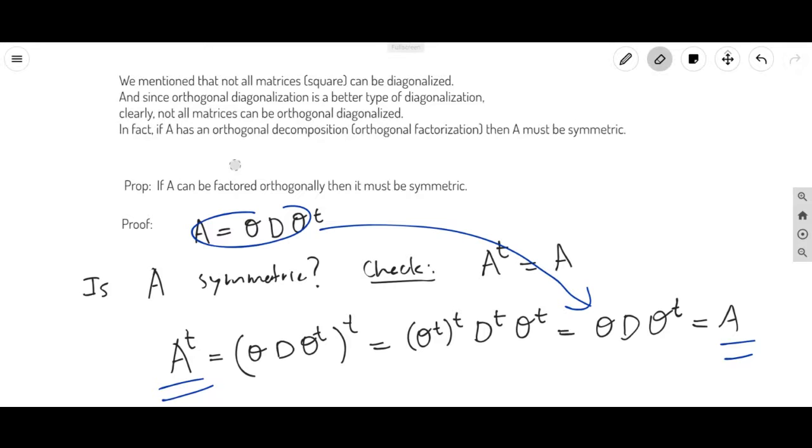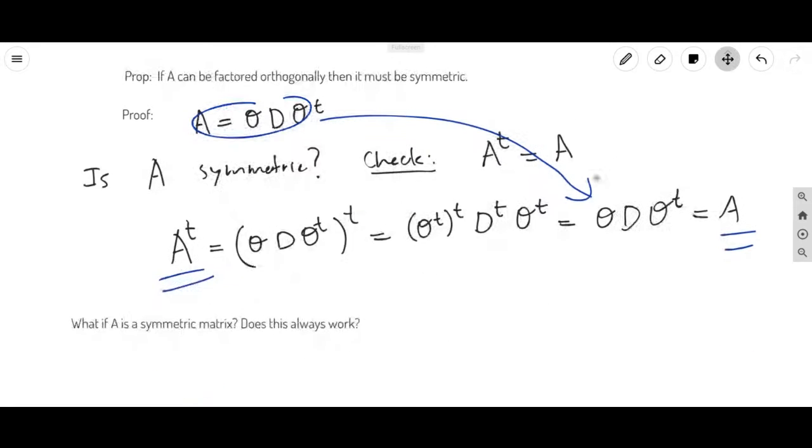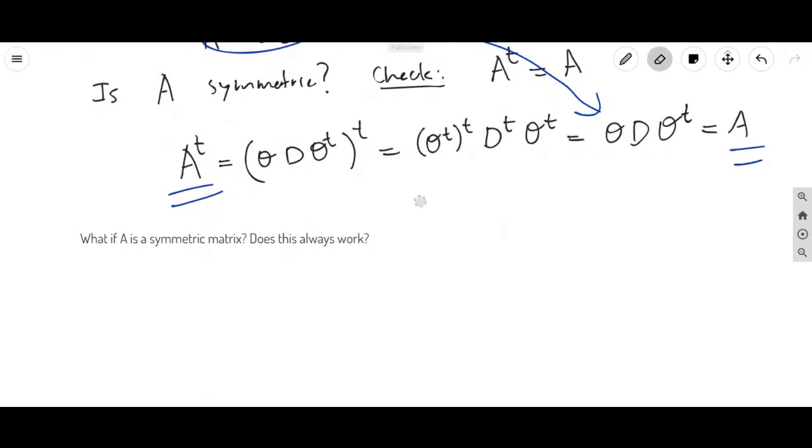But if you have a symmetric matrix, if you have that extra condition, then not only could it be diagonalized, but it could actually be diagonalized orthogonally. So the answer is yes.